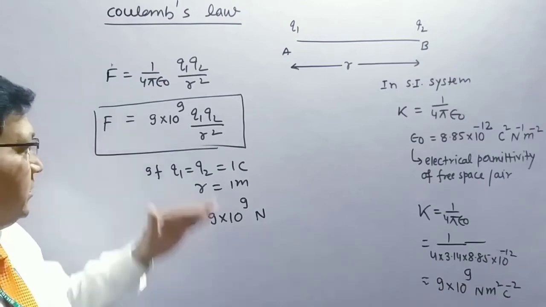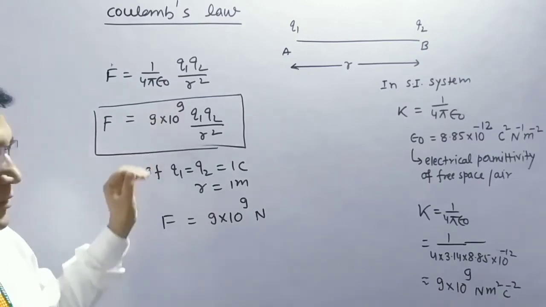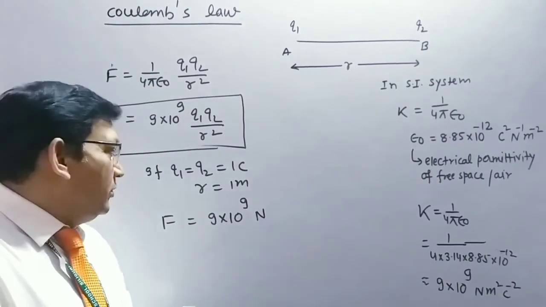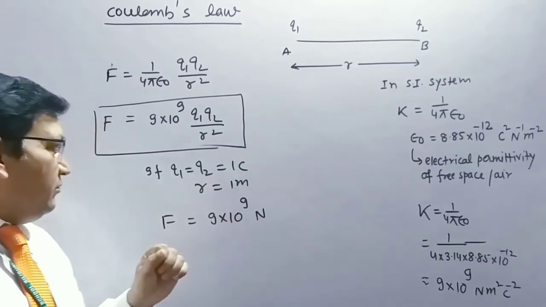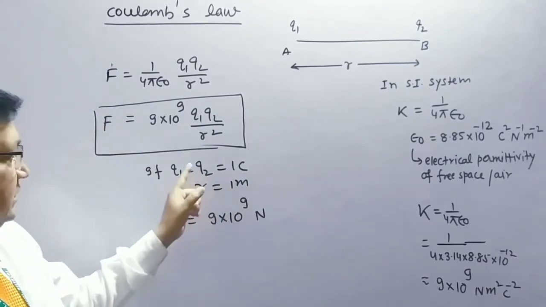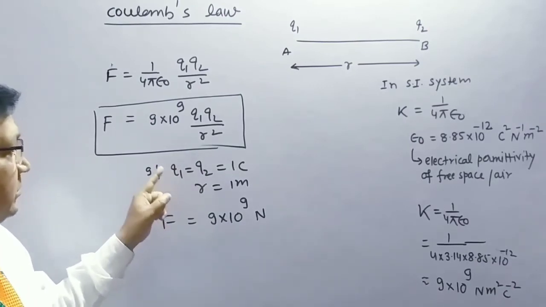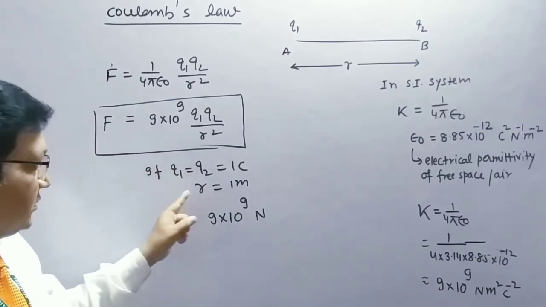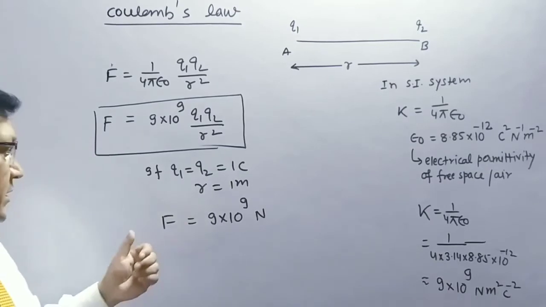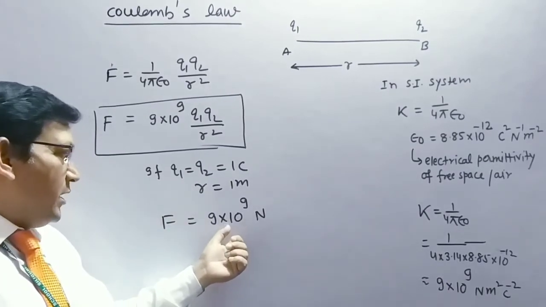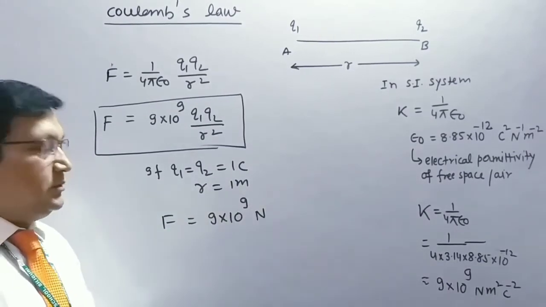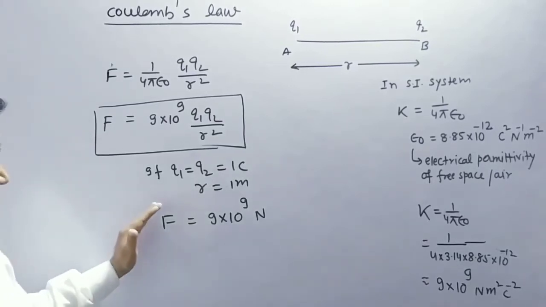So from here we can define what is actually 1 coulomb. 1 coulomb is that amount of charge which, when two similar charges are placed at a distance of 1 meter, experiences a force of 9 into 10 to the power 9 Newton. So again, coulomb is a very big unit of charge.